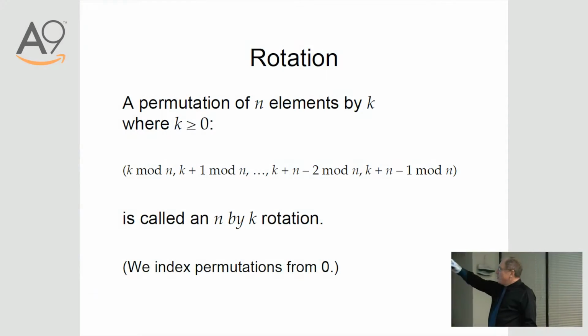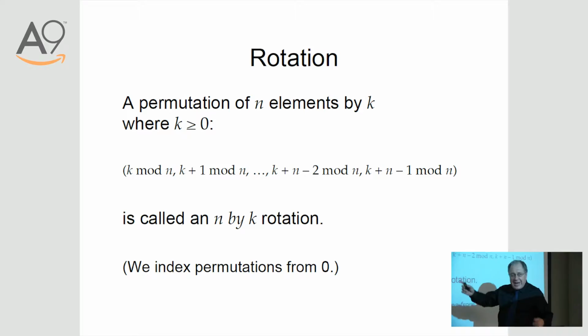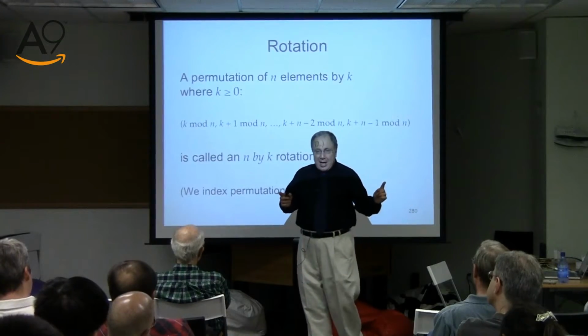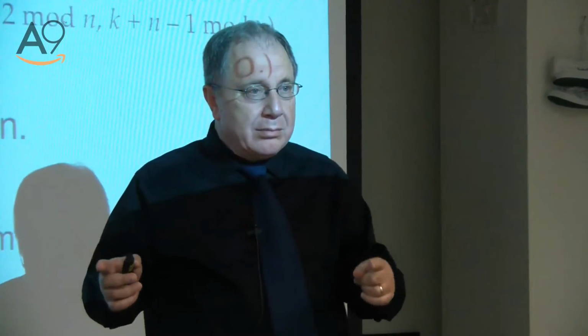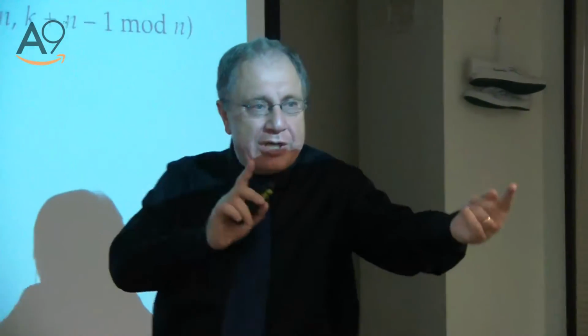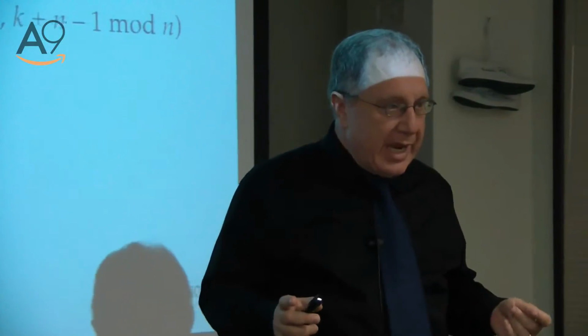Okay, so what is a rotation of n elements by k? You take every element and send it to k mod n. So if you rotate around, it's a circular rotation.